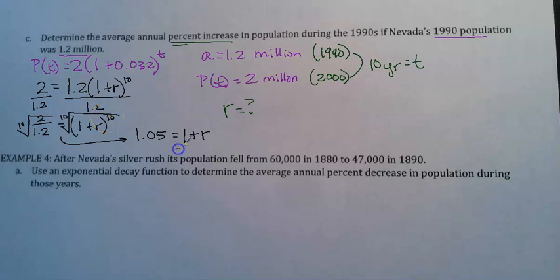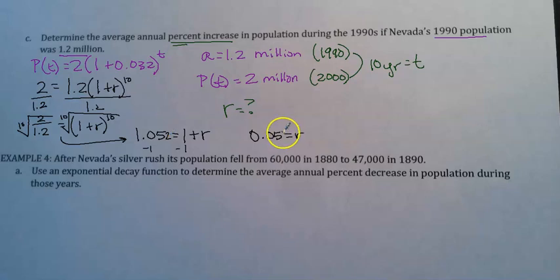And then we're going to subtract 1. So then we get 0.05 equals R. And I guess I rounded; this should have been 1.052 if I was being a little more specific there. Sorry about that.